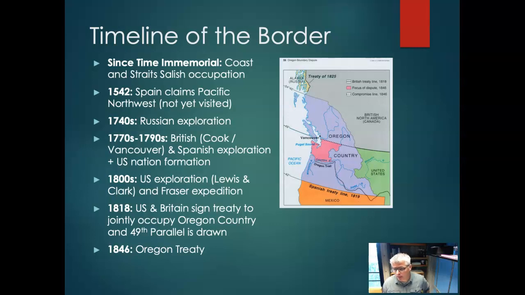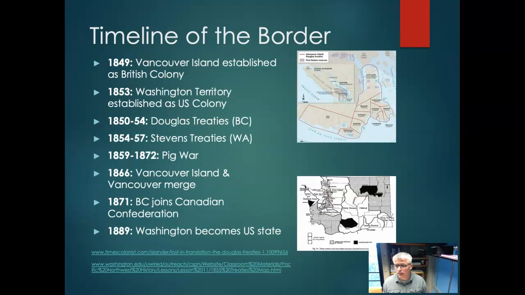In 1818, the U.S. and Britain signed a treaty to jointly occupy the Oregon Territory, and the 49th parallel is drawn. And in 1846, the Oregon Treaty is signed. In 1849, Vancouver Island is established as a British colony. And in 1853, the Washington Territory is established as a U.S. colony.